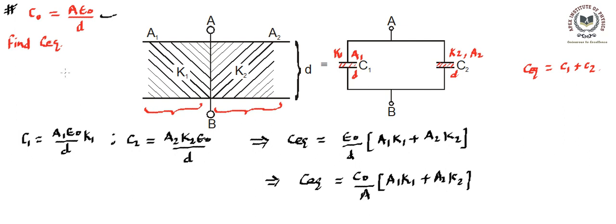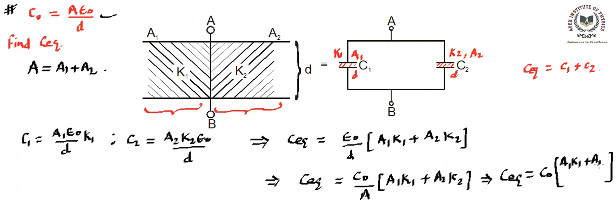Moreover, whatever the A we are using is the total plate area, which was divided into A1 and A2. That means A1 plus A2 is basically A. So finally we can represent C equivalent in terms of desired quantities. It will become C naught, in the bracket, A1 K1 plus A2 K2, divided by A1 plus A2.